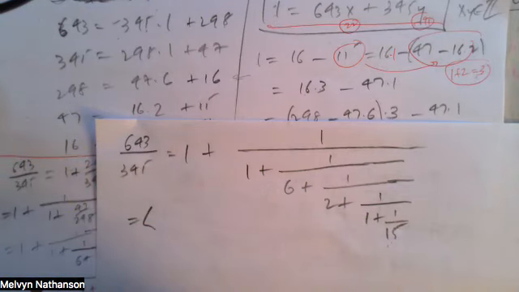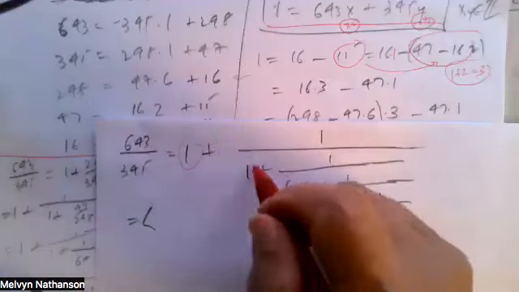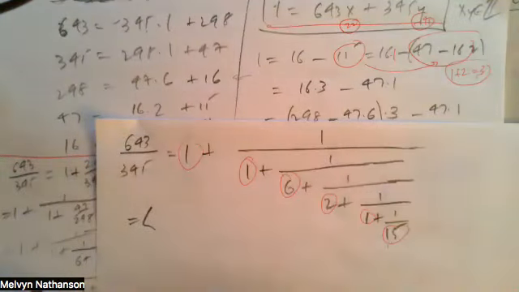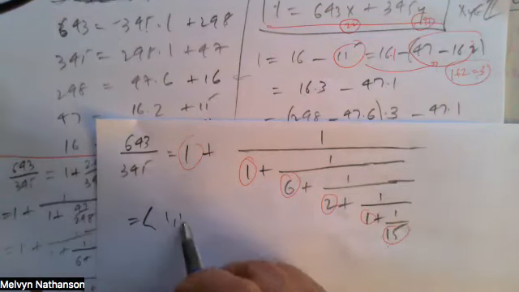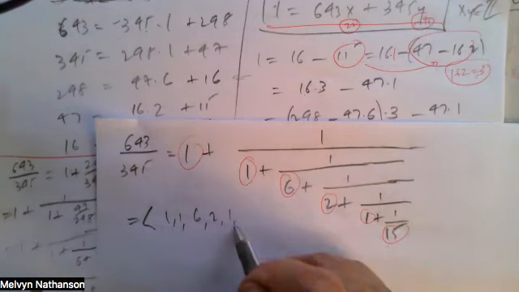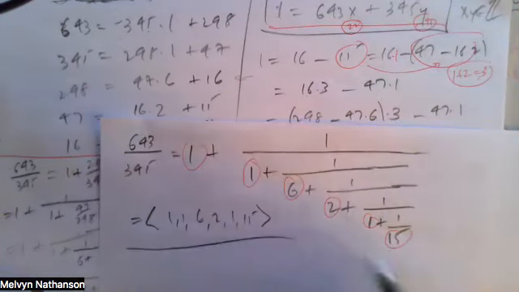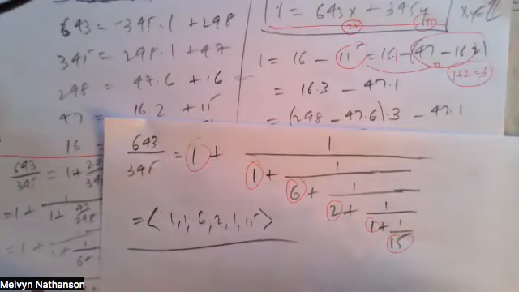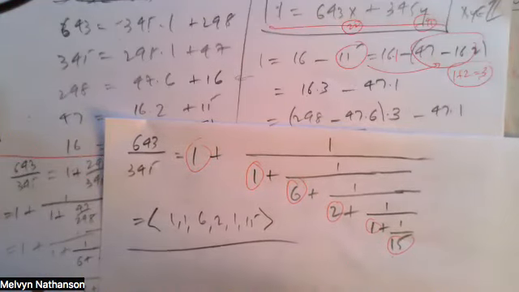And in our notation for a continued fraction, we look at these numbers called the partial quotients. This is 1, 1, 6, 2, 1, 15.